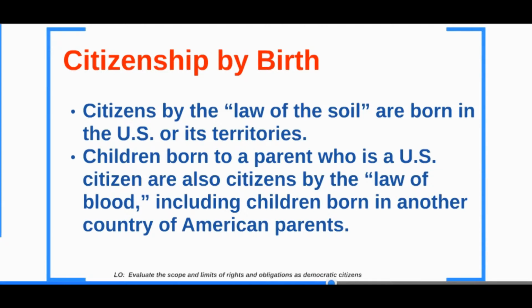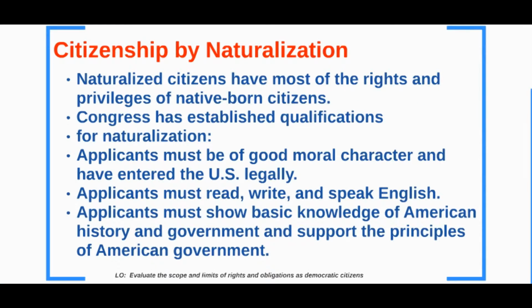So this is how people can be citizens by birth. They're either born to American parents or they're born in the United States or its territories. And possibly, many Americans are born citizens, meet both of those requirements.